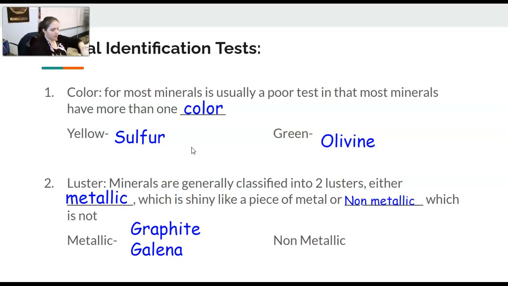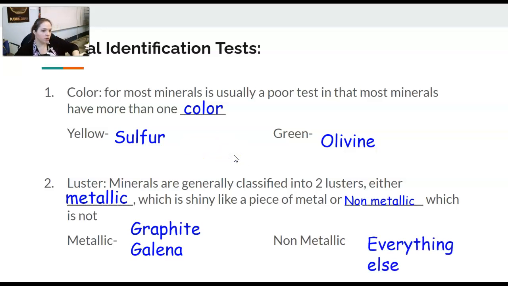And you'll see that when I show you right there. Very shiny like metal. Non-metallic is everything else. Now you say, hey, Miss Co, there was one that looked like it was metallic-y. But it really isn't metallic. It is just a black shiny. You see, look, it's just a black shiny. It's not metallic at all.